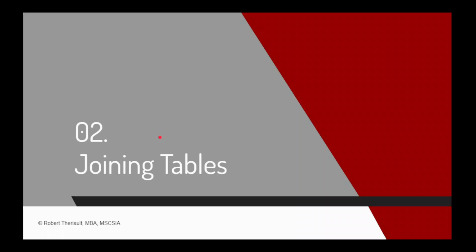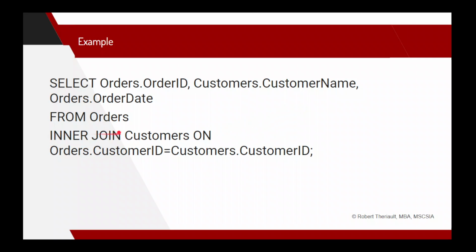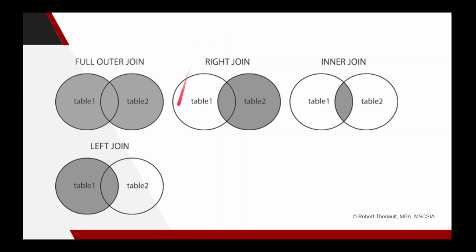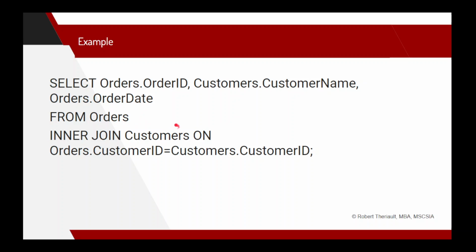From orders, so that is my table 1. My table 1 is orders. And then inner join, the other table. So inner join gives you the table 2. That's how you know what table 1 and table 2 are. Table 1 is the FROM. Table 2 is the inner join or whatever other join you're using. And then here's the kicker: ON.